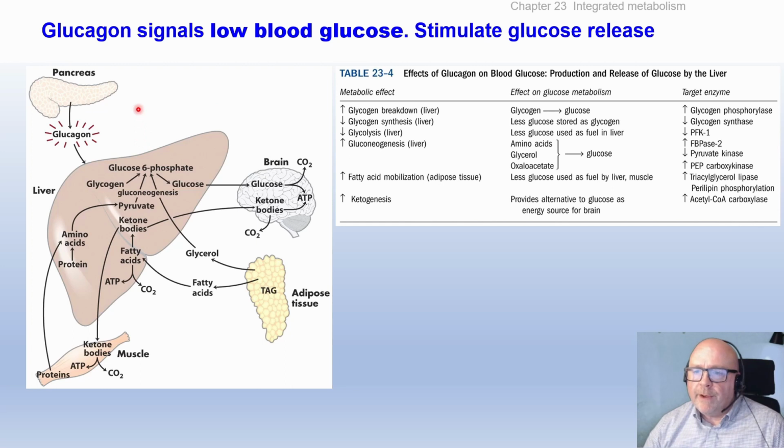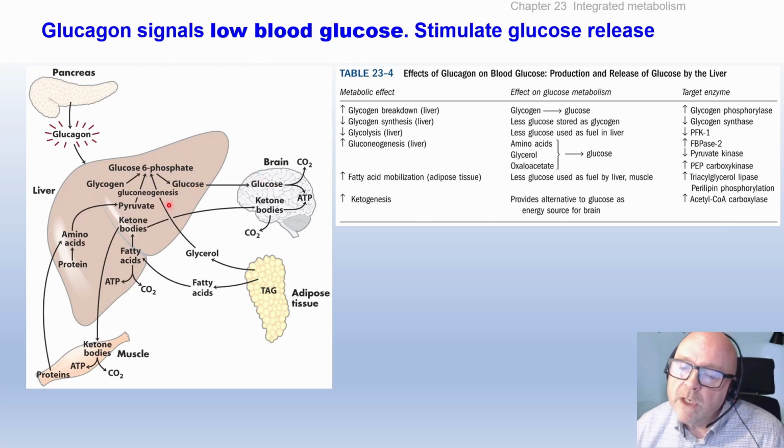Then we have almost the same figure as before, but with glucagon, and the primary target of glucagon we can consider to be the liver, changing its metabolism. It encourages the breakdown of glycogen to glucose 6-phosphate, which can be transformed to glucose in the liver and exported to supply the brain or muscles.